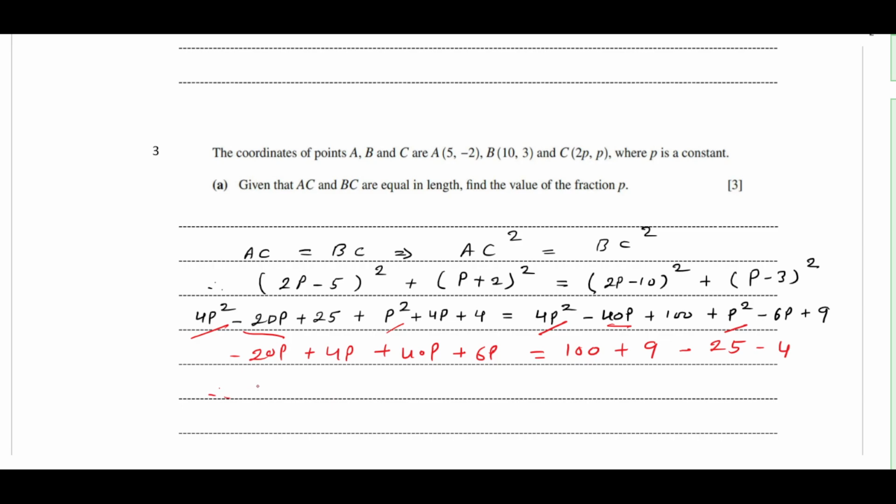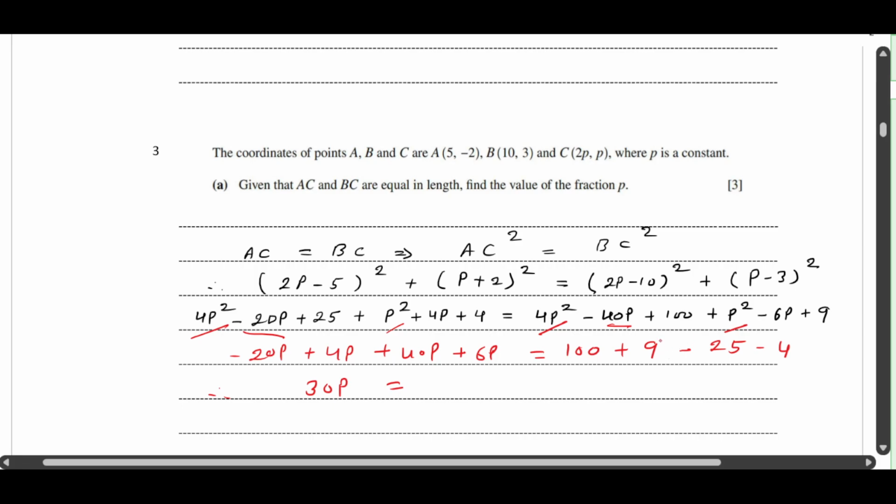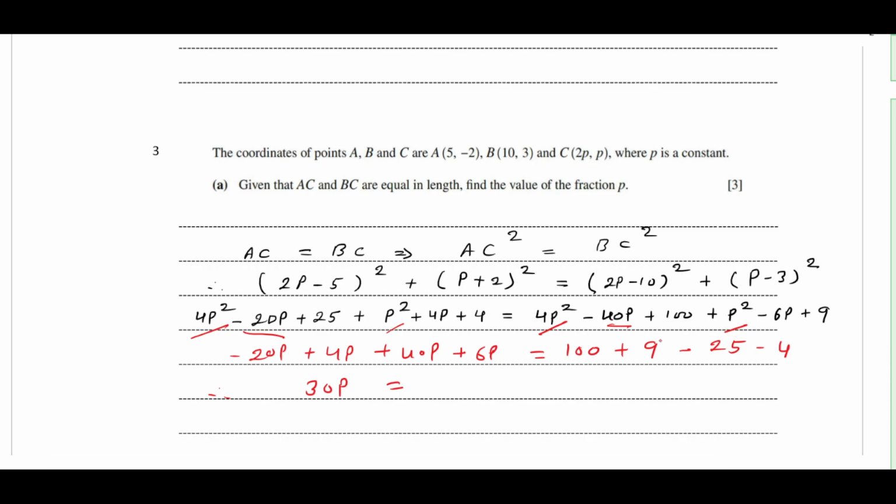Therefore, minus 20 plus 40 gives plus 20, and plus 10, so it will be 30p. 30 times p is equal to 100 plus 9 minus 25 minus 4, which gives 80.